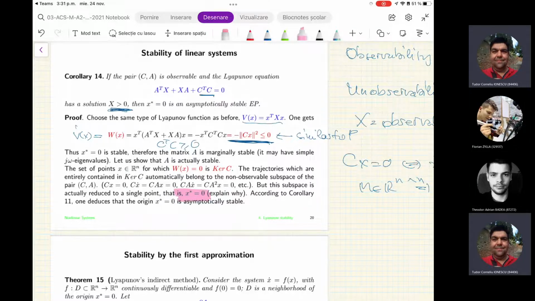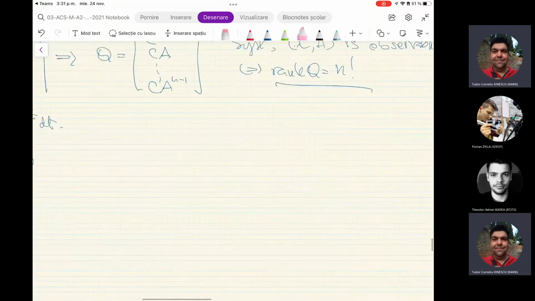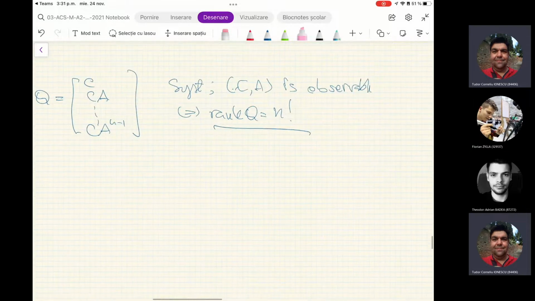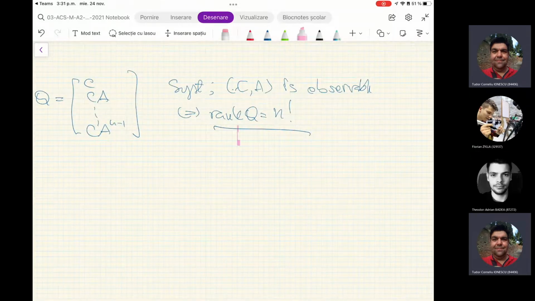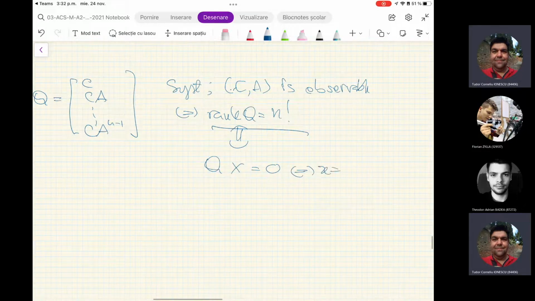You recognize here the matrix Q. Because if this is observable and this has rank n, this is equivalent to saying that Qx equals 0 if and only if x equals 0.